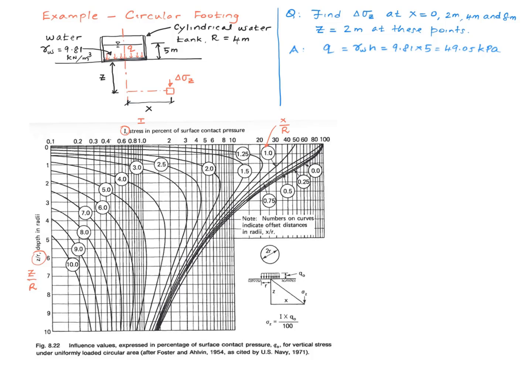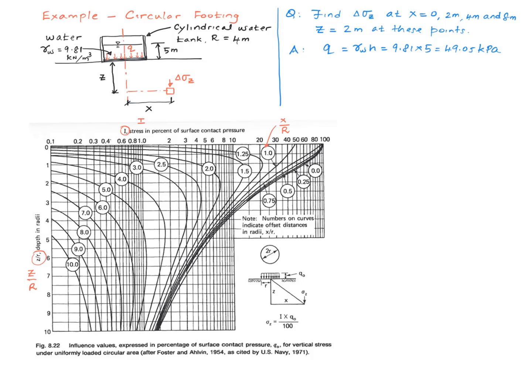In the book, the solutions for a circular loaded area is given in the form of a table. Just for convenience, I'm going to use a chart here. This chart is from the book by Holtz and Kovacs.